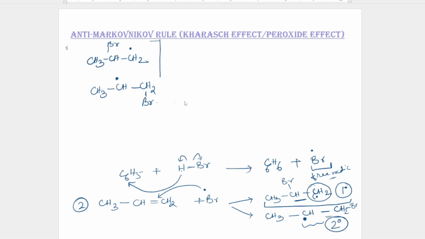Now if you consider the stability of these two free radicals, if you see the structure of primary free radical, secondary free radical and tertiary free radical, because three carbons are attached to this free radical carbon atom.